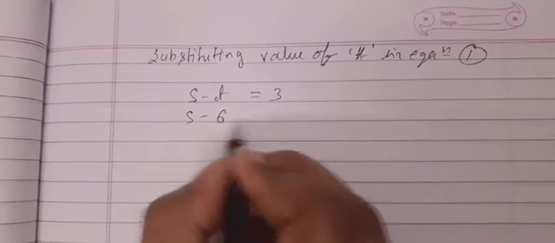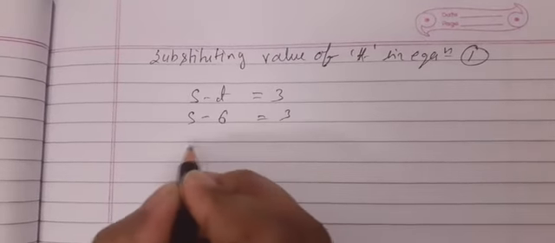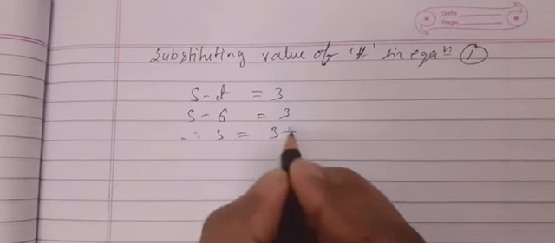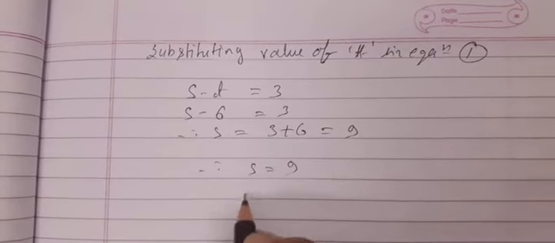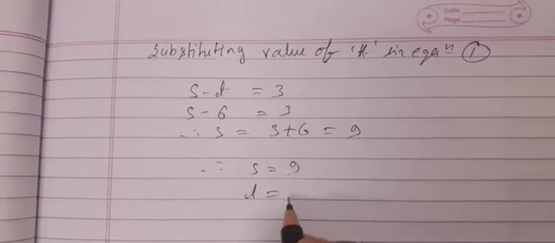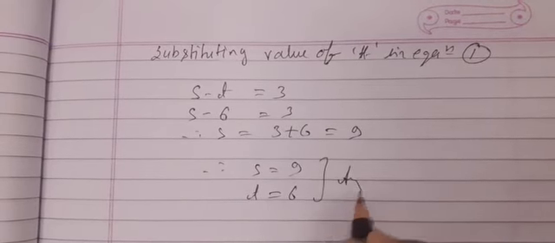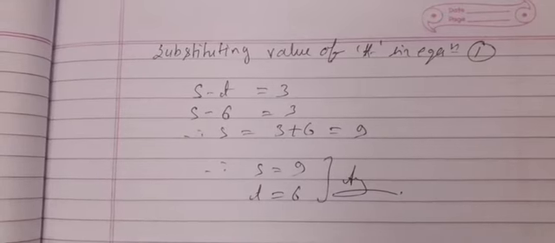Just now we calculated, that is 6. So s is equal to 3 plus 6, which is equal to 9. Therefore what is the answer? s is 9 and the second variable t is 6. So these two are the answers. If you want, you may verify it.